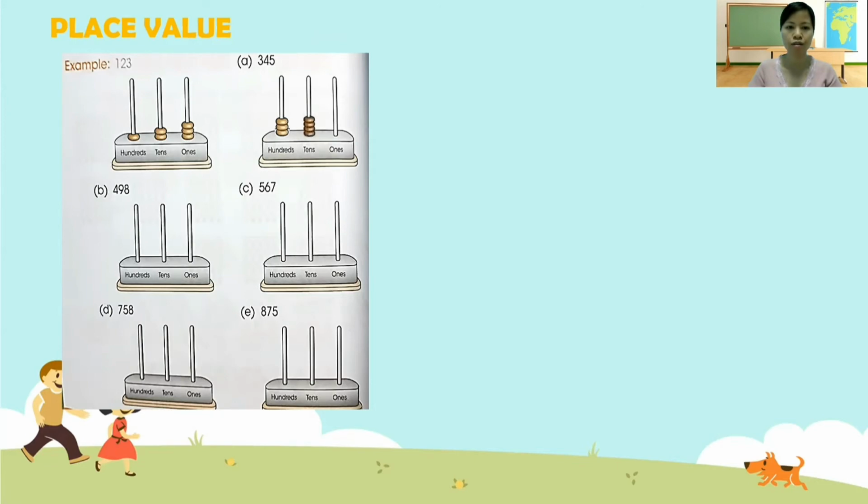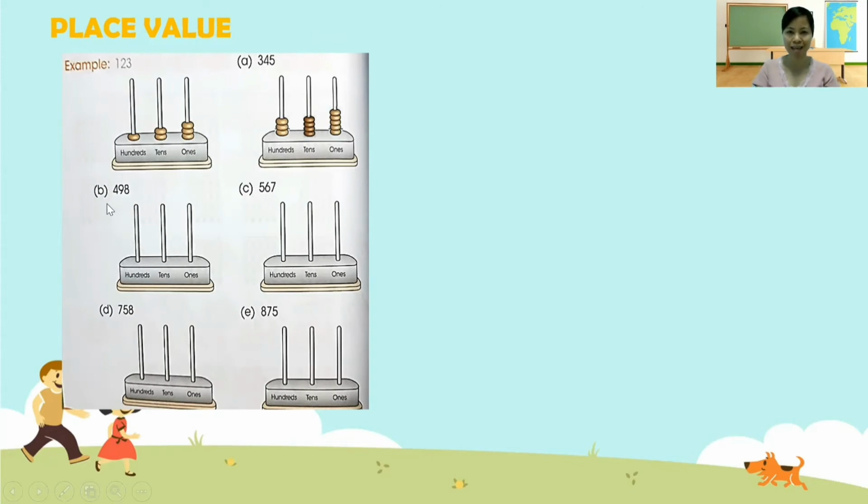Next, draw 4 beads on the tens and 5 beads on the ones. So now we have the representation of 345. 3, which has the value of 300. 4, which has the value of 40. And 5, which has the value of 5.